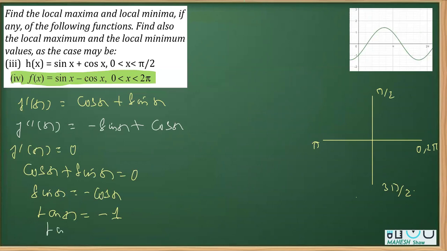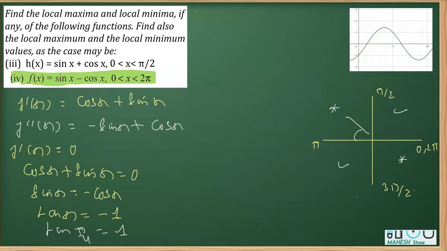We know that tan pi by 4 is 1, but we need minus 1. We know that tan is positive in this quadrant and this quadrant, which means negative will be in this and in this quadrant. Now we know that an angle in this quadrant is written as pi minus theta.